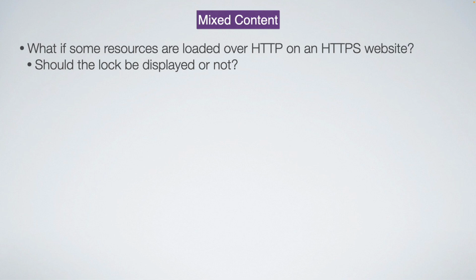Where we end up today is they split resources into what they call active and passive resources. Active is any kind of scripting. Passive is something you just display to the user, like a picture. If it's passive and it comes down not secure, they say we don't care, we'll show the lock anyway. If it's active and it comes down insecure, they're not going to show the lock.